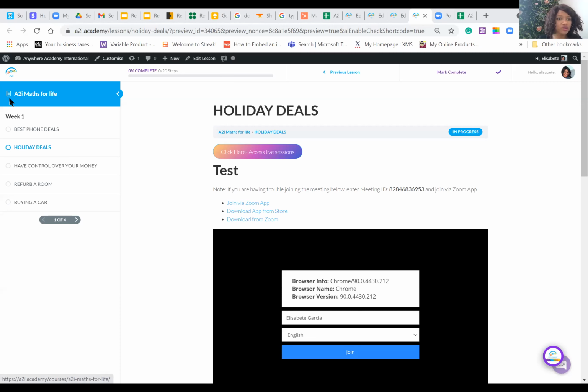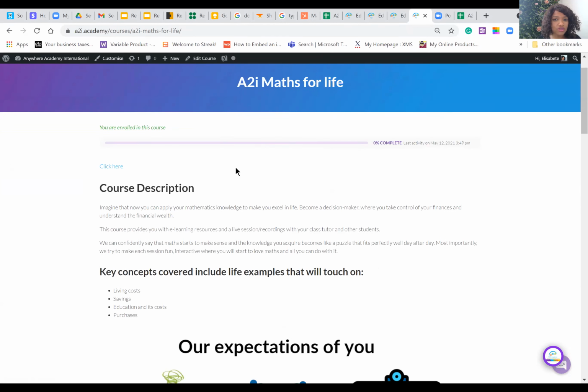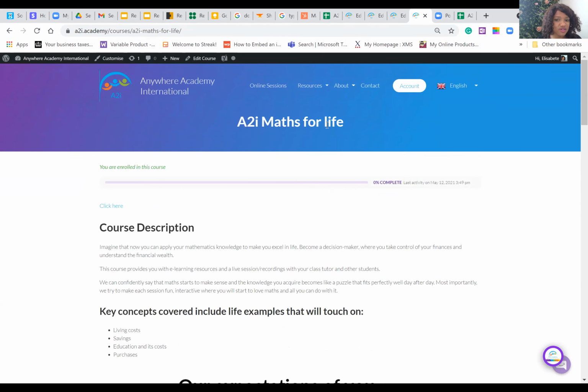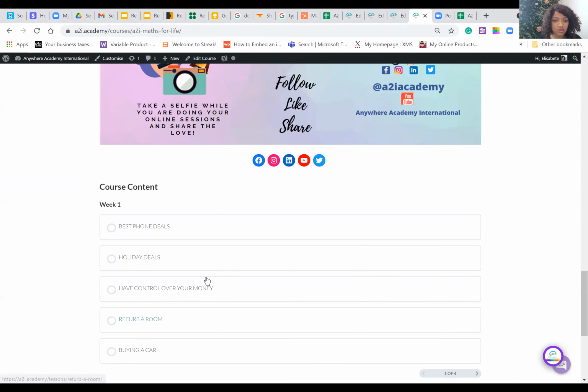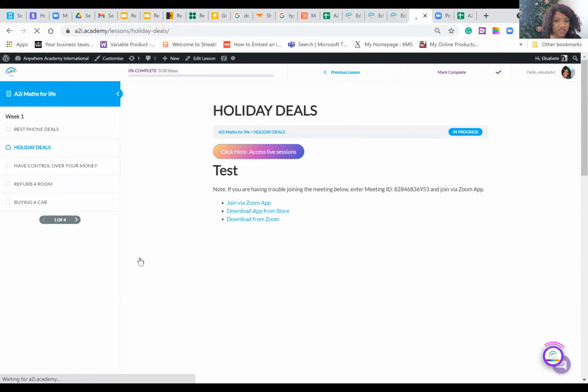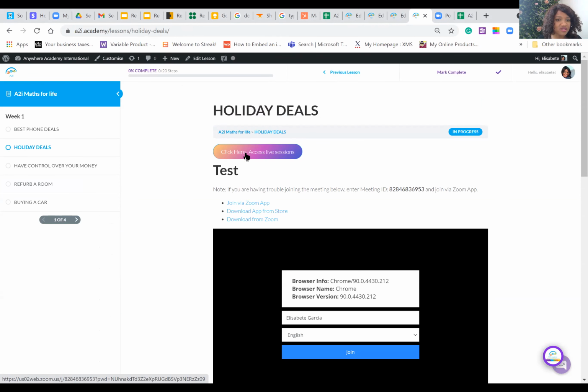The login is here. Can you see where we go onto my website? When you go to the website and you go on to A2i Maths for Life, you should be able to log in from there. And at the bottom of it, we have the sessions we are having today. When he presses on holiday deals, which is today's session, he can press on click access live sessions.